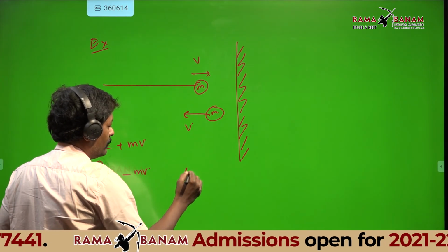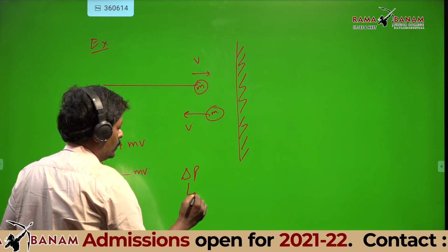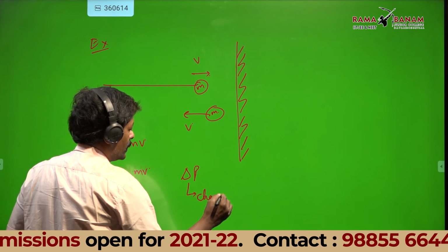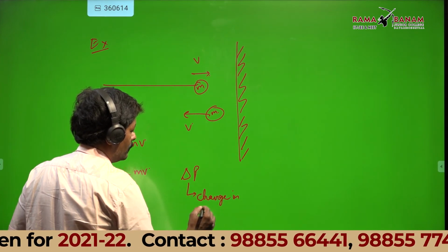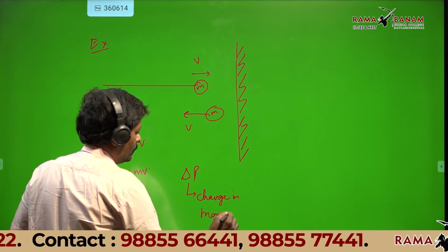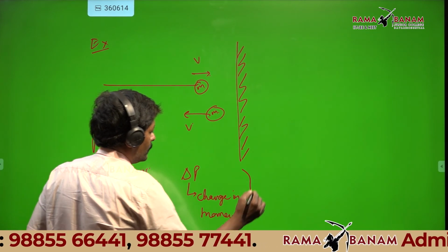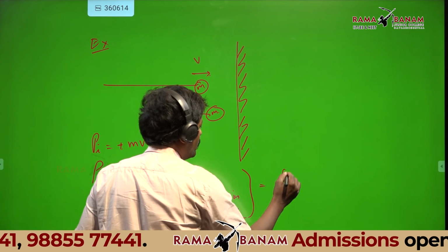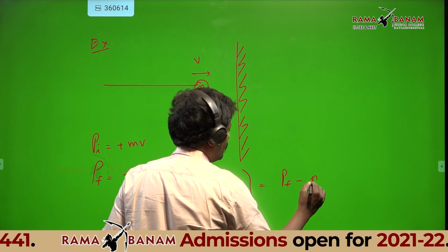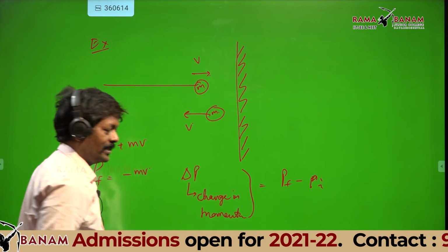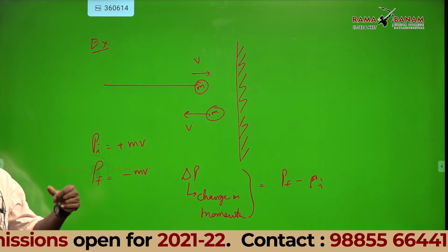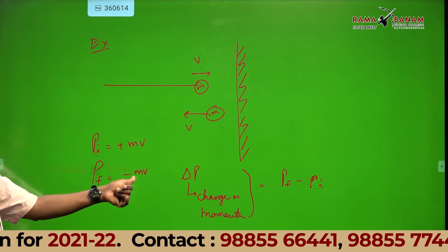Change in momentum, delta p, is final momentum minus initial momentum. What is the change in momentum formula? Final minus initial.